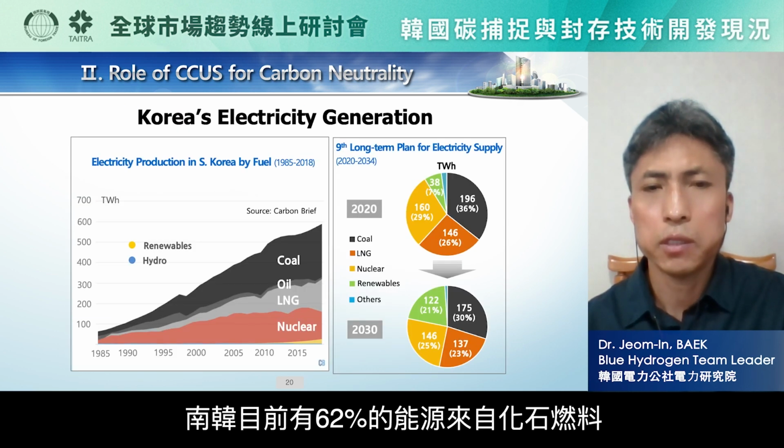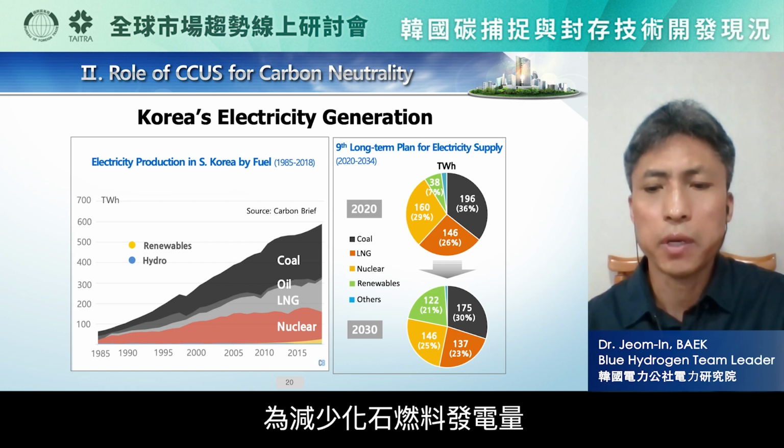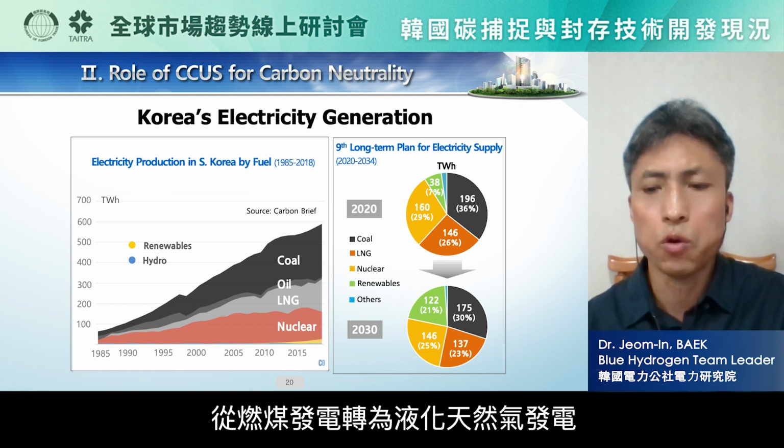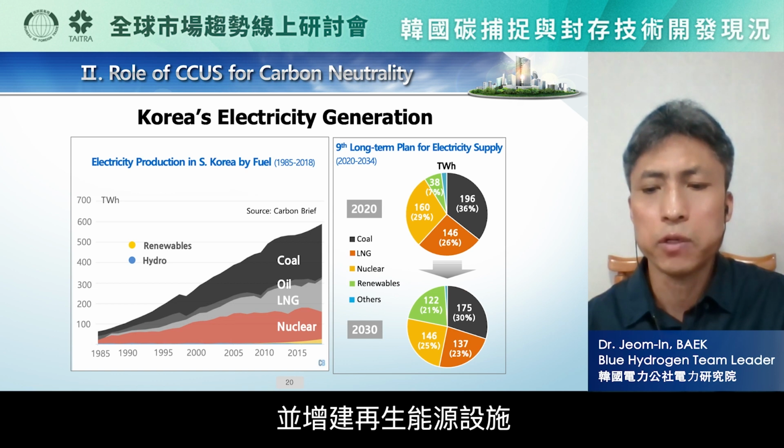Currently, 62% of South Korea's power is produced from fossil fuels. The government planned to reduce fossil fuel-based power generation through disapproval of new coal power plants, fuel change from coal to LNG, and increase of renewable energy facilities.